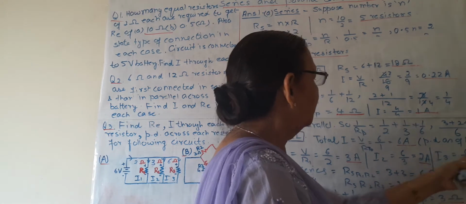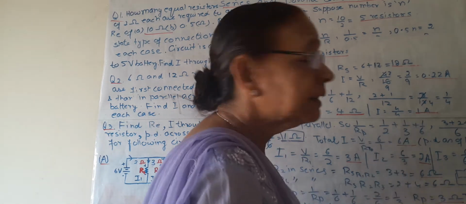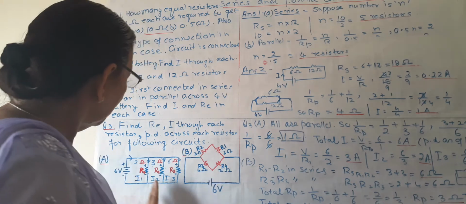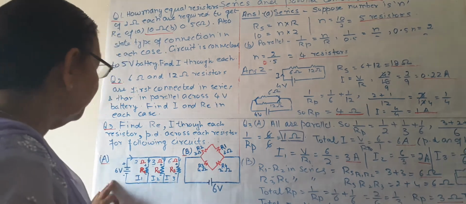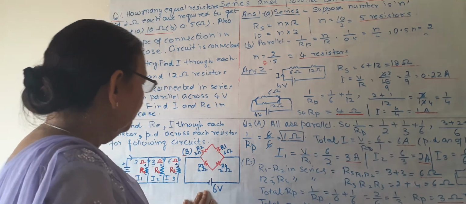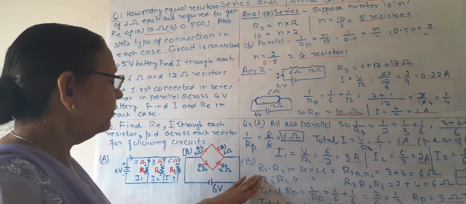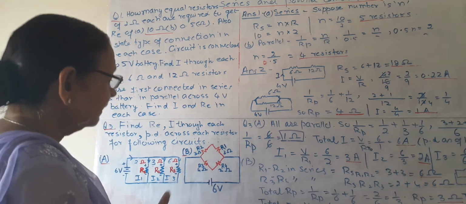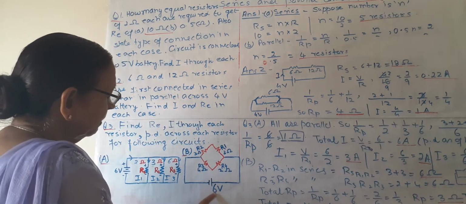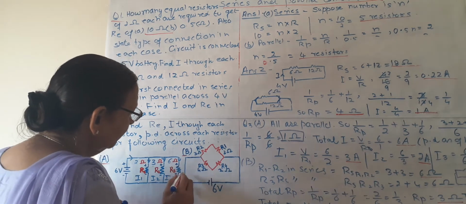All the 3 should total to 6A. So these are the individual currents, and individual PD is same as that of the battery. So this is this connection. Now coming to B. Here in this combination you can see the battery, the current is coming from here.